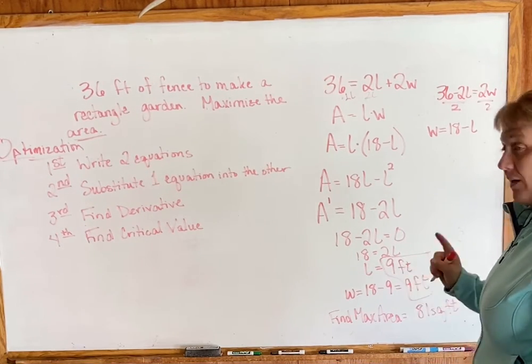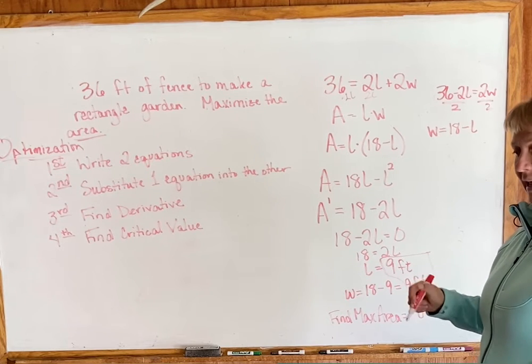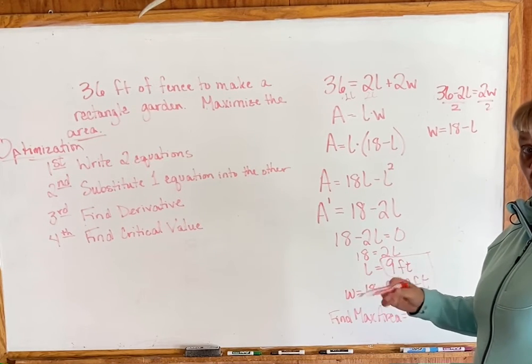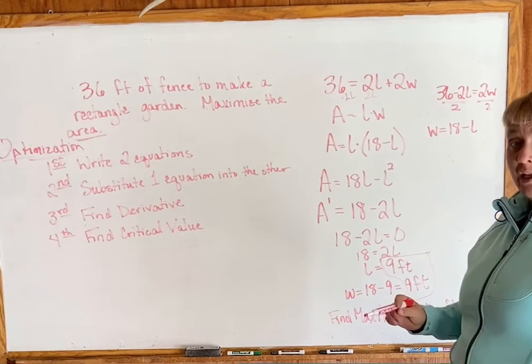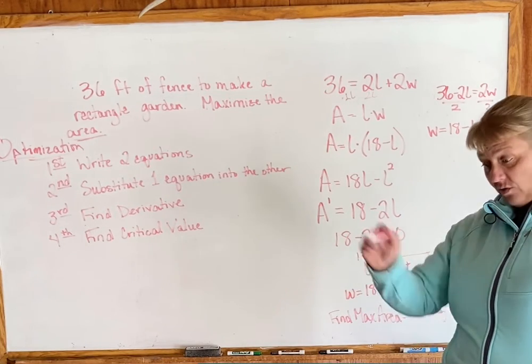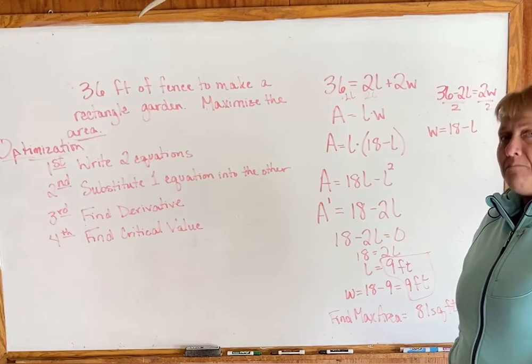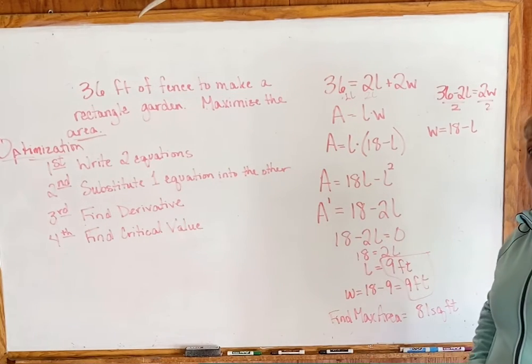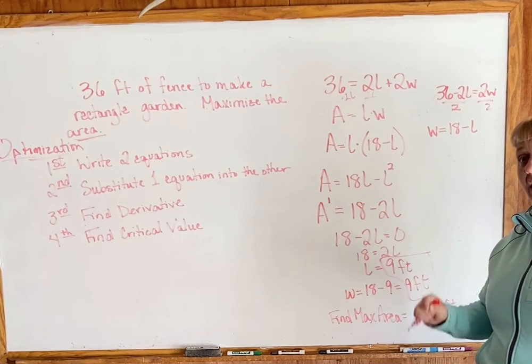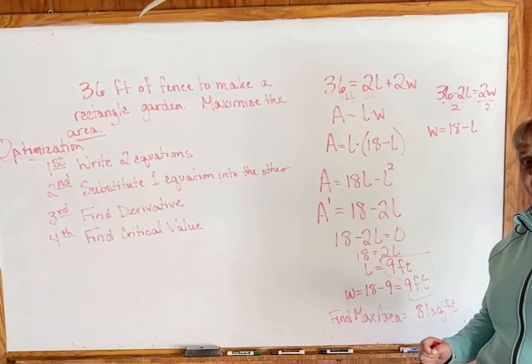Now, the other thing, just as a little hint, if you're ever making a rectangle and you need to maximize area, so a 4-sided shape, maximizing the area means to turn it into a square. The square is the most optimal rectangle there is.